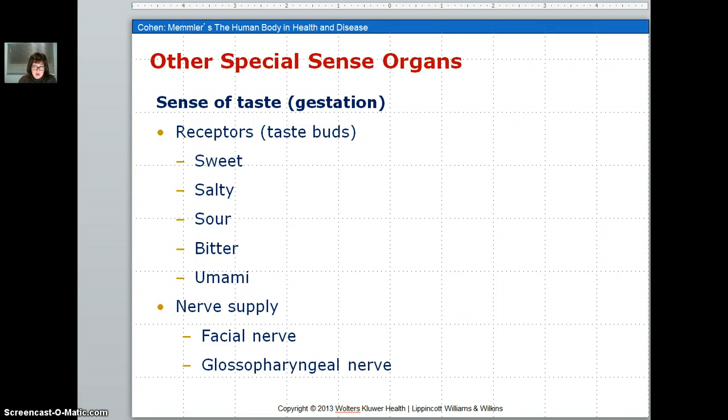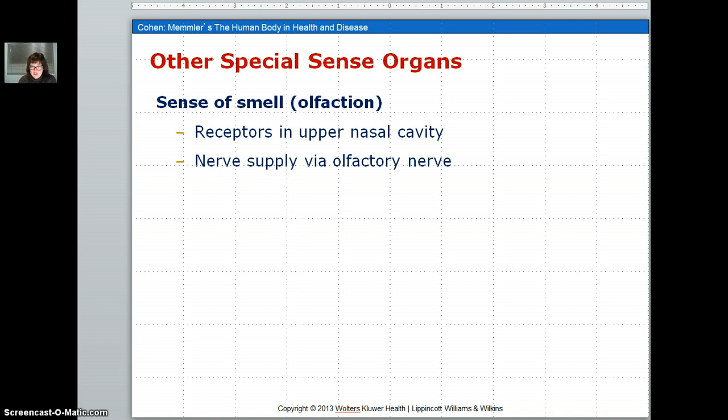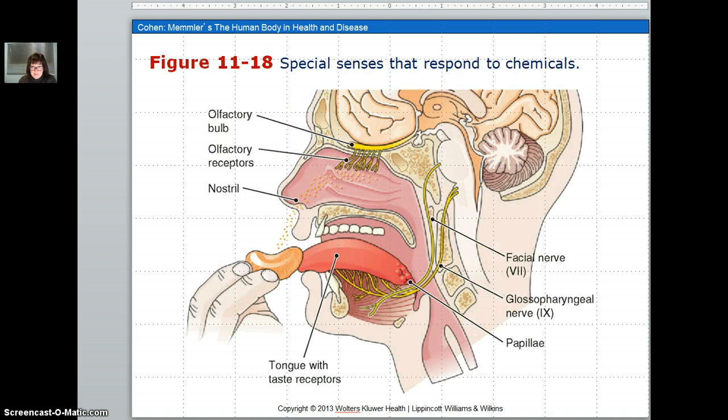You just need to know where they are. You don't need to know too much detail. Then you have smell. Smell has to do with olfactory bulbs up in the top of your nose, but your sense of taste is also related to smell. That's why when you have a cold, you can't taste food.